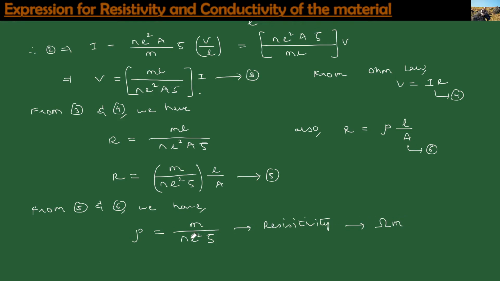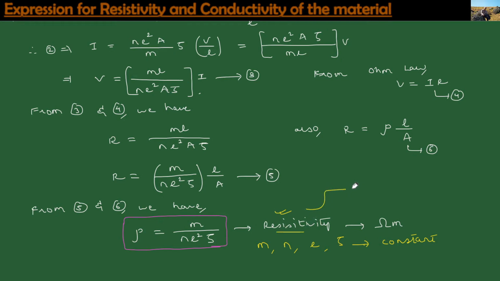This is the expression for resistivity, and from here it is very pertinent and obvious that all the terms, such as m, the mass, the electron density, the charge of the electron, and the relaxation time, are constants. Since all these terms are constant parameters, the resistivity of the material is also a constant parameter.